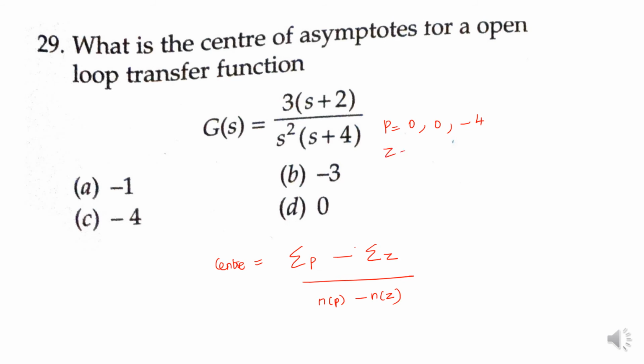The zero is minus 2 only. Substituting: minus 4 minus 0 minus 0 minus of minus 2, divided by number of poles 3 minus number of zeros 1. Minus 4 plus 2, that is minus 2 by 2, that is minus 1. Option A is the correct answer.